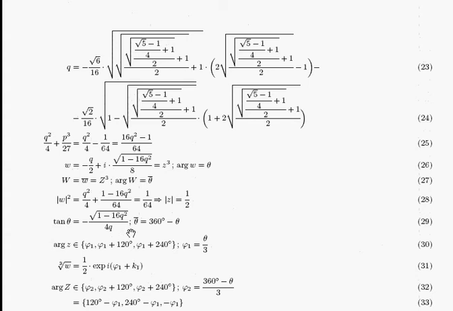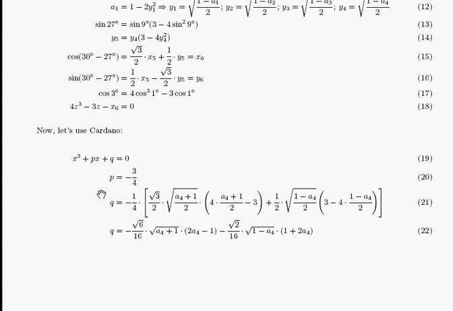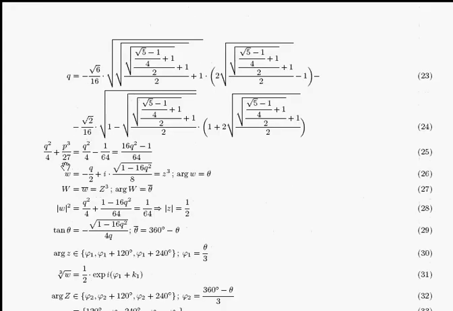And by Cardano's method shown in Wikipedia, we must calculate this delta: q squared over 4 plus p cubed over 27. The same q, and p is minus 3 over 4, so p cubed over 27 is minus 27 over 64 divided by 27. So we take the GCD, it is 64 over 4, 16 q squared minus 1. Who is W? It's the main cubic root.